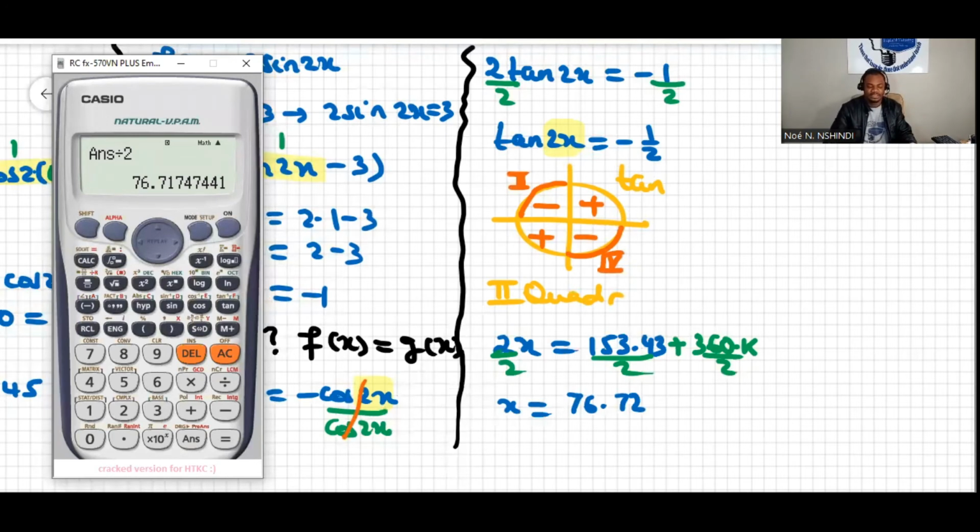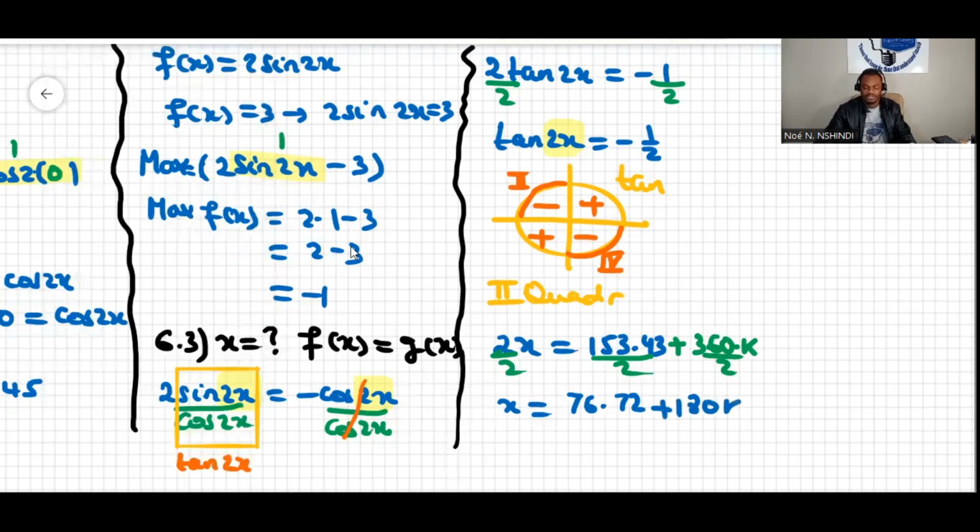In this case, the third decimal value is 7, so we increase by 1 unit, that makes 72. And then plus 180k, knowing that k here is an integer. Integer is denoted by the symbol Z. That's what we have on the second quadrant.